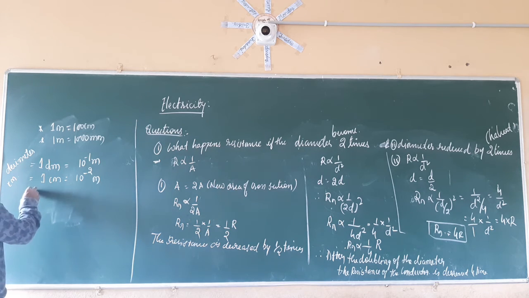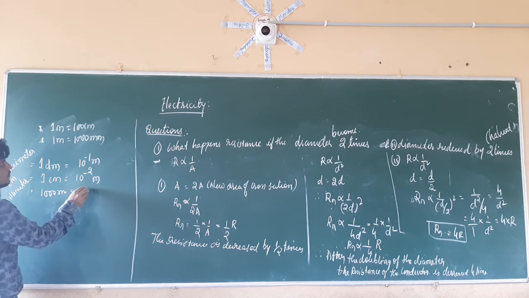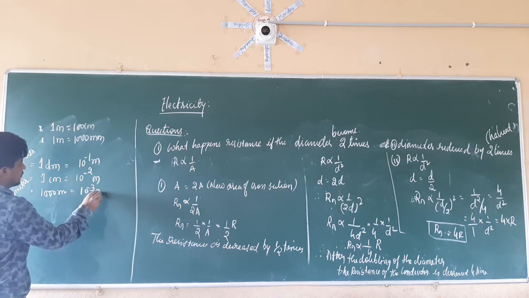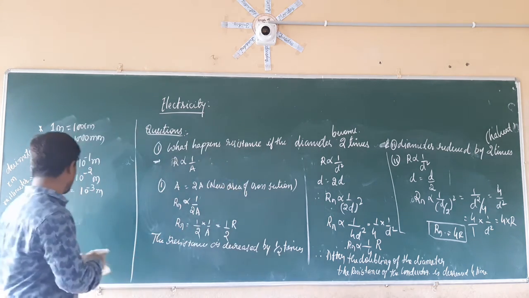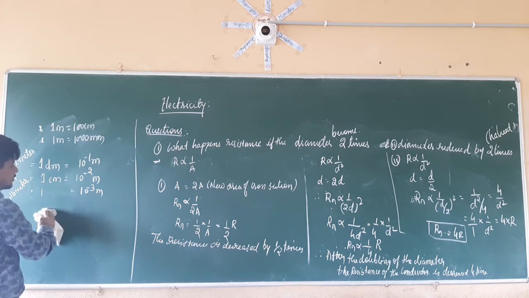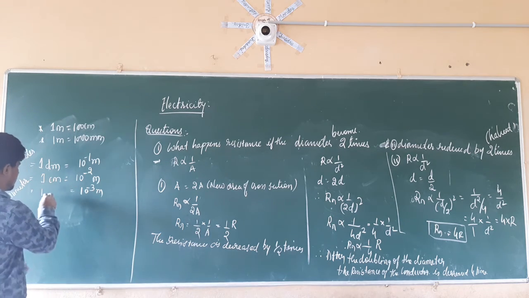In the same manner, 1 millimeter is equal to 10 raised to minus 3 meters.